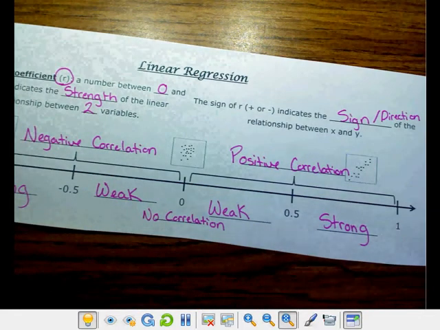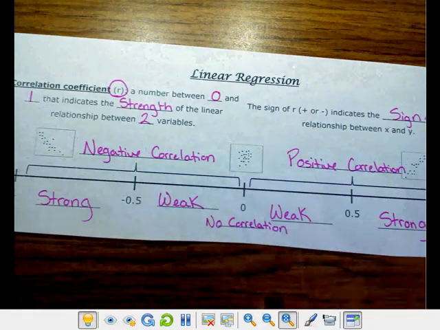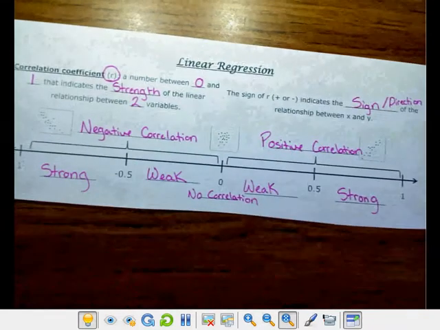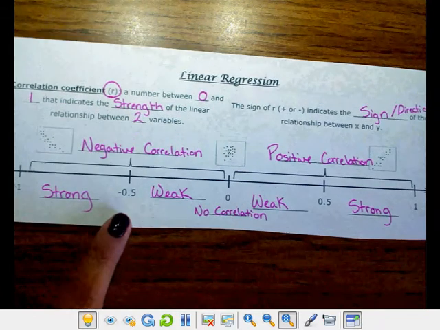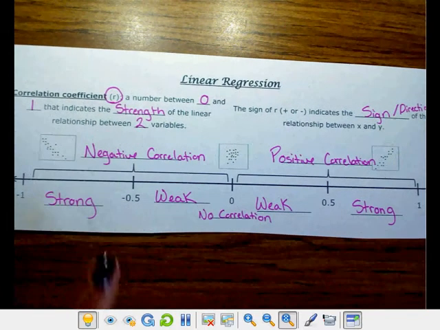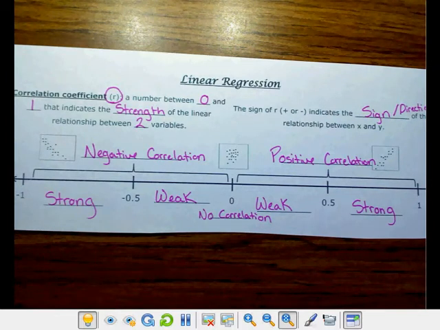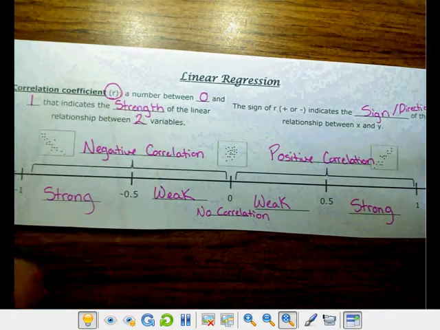Okay? So if there was more numbers, could one be wrong or weak? So does it go greater than 1? That's a good question. No. Our R correlation coefficient actually can't go over 1. It's just restricted between -1 and 1. So we can't be at 2. R doesn't go out that far.